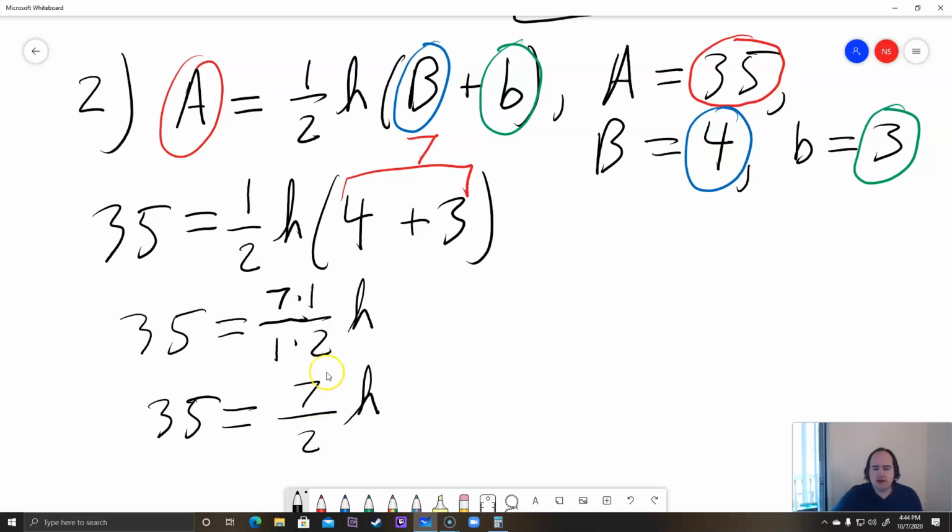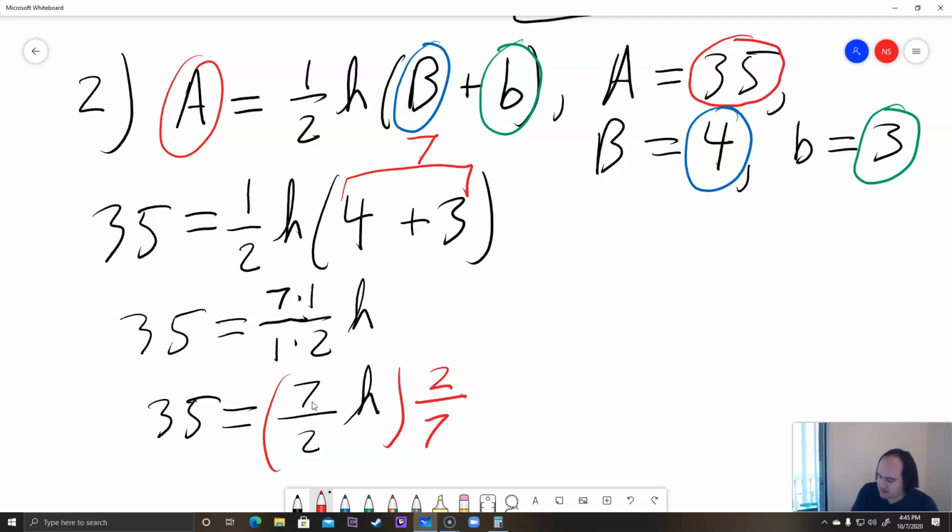So remember, if you're trying to solve an equation with fractions and you want to get rid of the fraction, the trick is you multiply both sides by the reciprocal of that fraction. So the reciprocal of 7 over 2 means you flip it over. So it's going to be 2 over 7. So we're going to multiply both sides by the reciprocal of 7 halves, which is 2 sevenths.